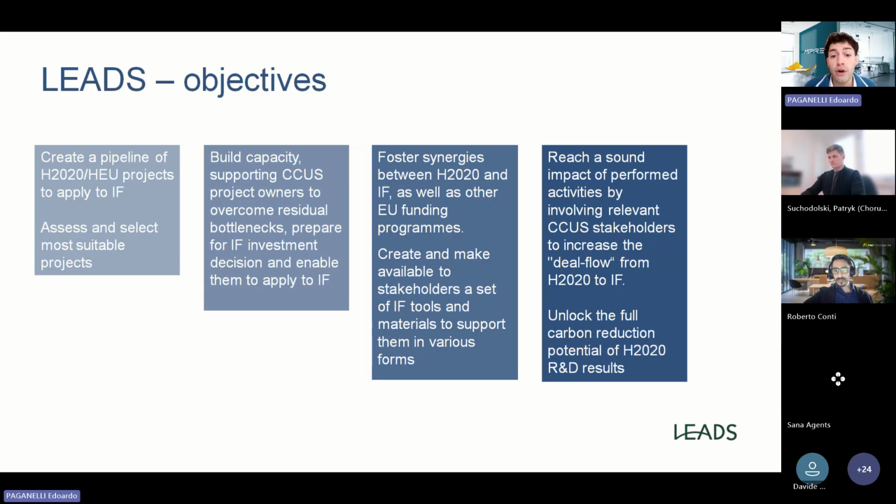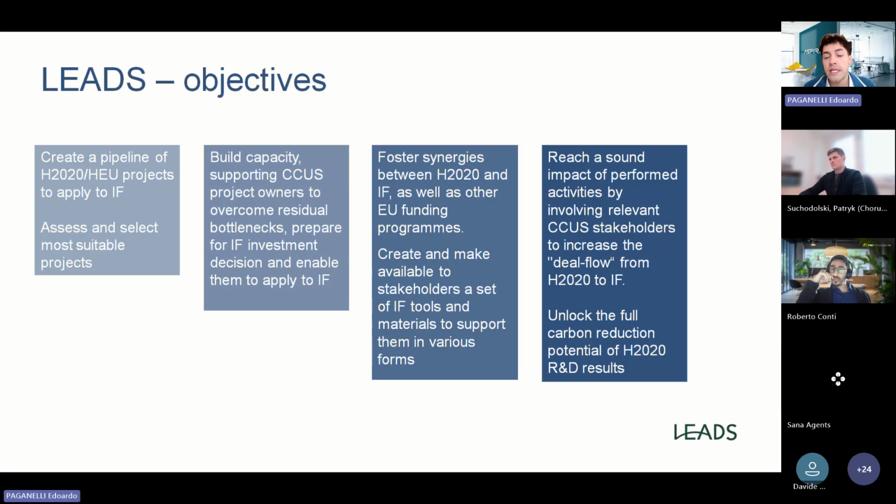We are also focused on fostering synergies between Horizon 2020 and the Innovation Fund, as well as with other EU funding programs. To create such synergies, and I will refer to it in the next slide, we have created and made available to stakeholders a general set of Innovation Fund tools and materials to support them in applying.